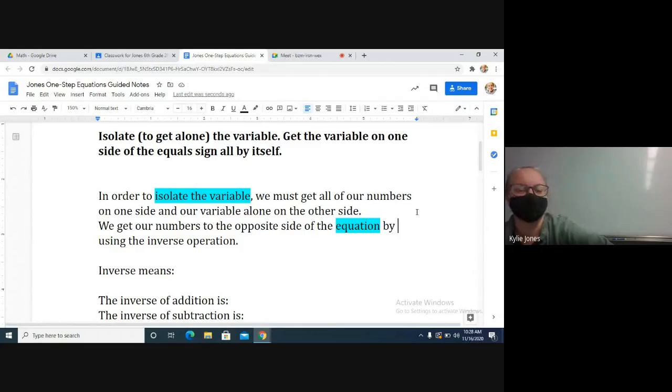It's a very fancy word, so we'll talk about what it means. But change that word from variable to equation, please. You can highlight it. I just want to make sure that you change it from variable to equation.